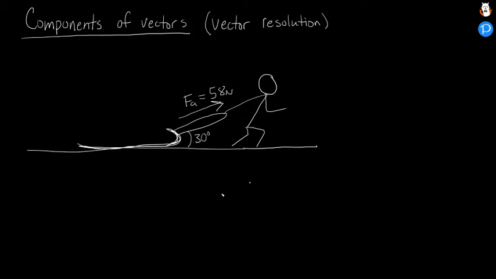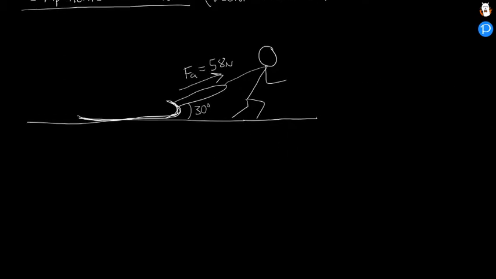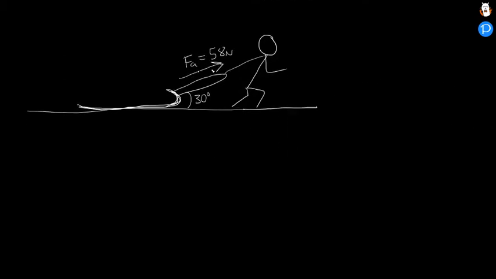So what I'm going to do is I'm going to take this force vector that I have here. So I'm going to redraw it down here. I've got a force vector of 58 newtons, okay? And what I'm going to do is I'm going to break this up into its components, in that we know that it feels a force that is a horizontal force this way.